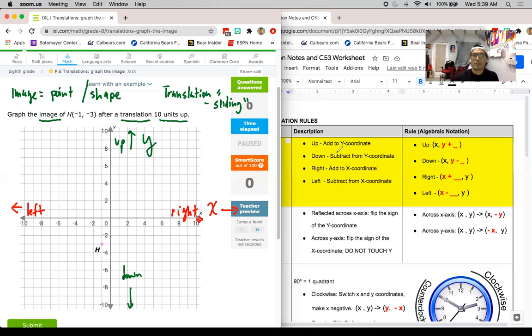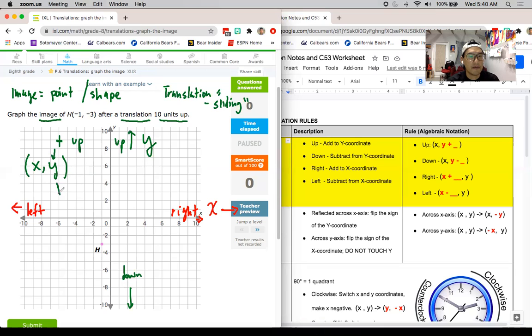Now, if you look at your notes, whenever you're adding to the Y coordinate, you're going up. So remember, your coordinates, these are called ordered pairs. X always goes first, Y is always second. And if you're going up, you're adding. You're always adding to the y coordinate. So up is addition.